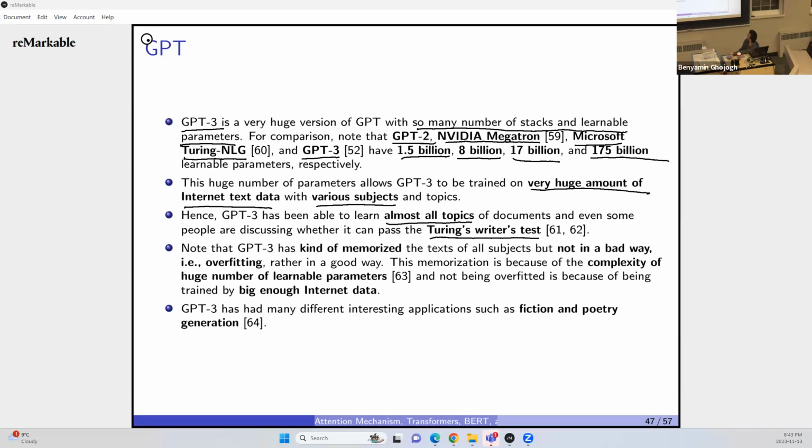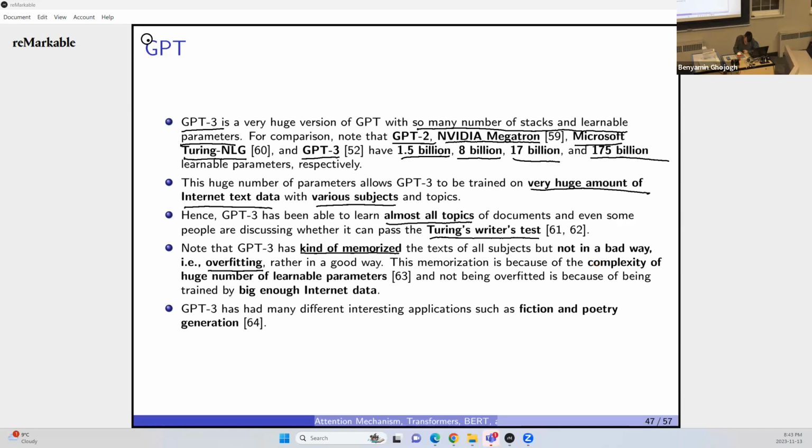Apparently it is passing Turing's test, meaning we cannot find out whether it was generated by GPT or a human. It can generate even Shakespeare's poems. You cannot find out whether it's Shakespeare or machine. So it's kind of memorizing in a good way, not overfitting.